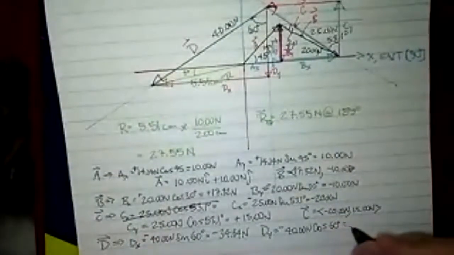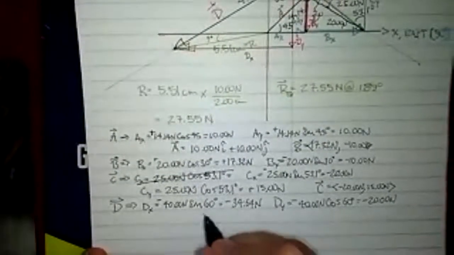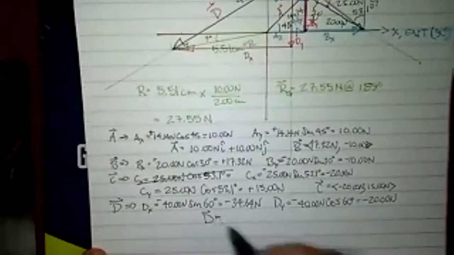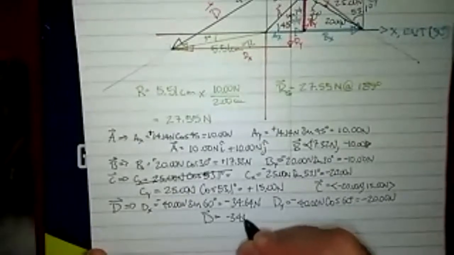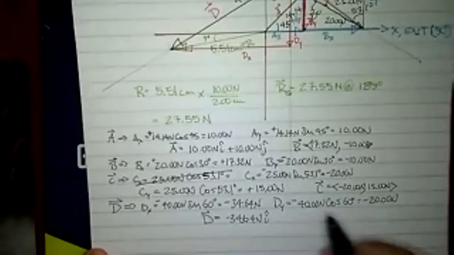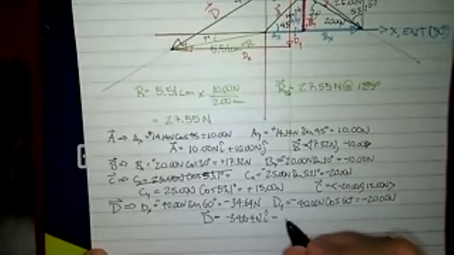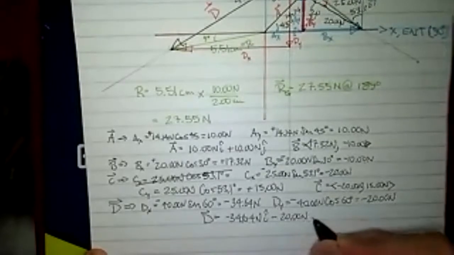So this gives me negative 20.00 newtons. So I can write the D vector as negative 34.64 newtons in the i hat direction, minus 20.00 newtons in the j hat direction.